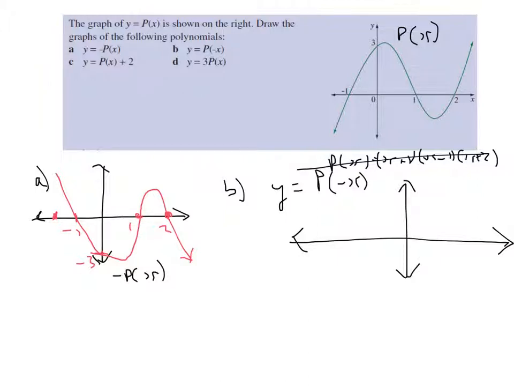Instead of having negative 1 over here, we're going to have positive 1 over here. We're going to have negative 1 there and negative 2 there, and those are the points at which it's going to cross: minus 2, minus 1, and 1.